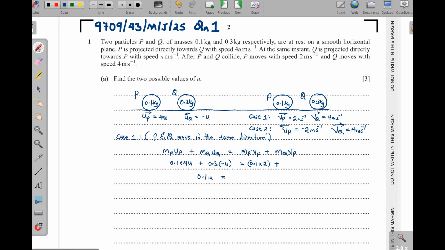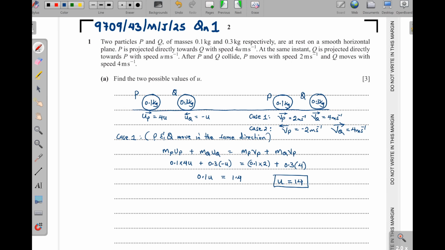The mass of Q is 0.3, times the positive 4. So this one is going to be 1.2, plus 0.2, that will be 1.4. When we divide all through by 0.1, U becomes 14.